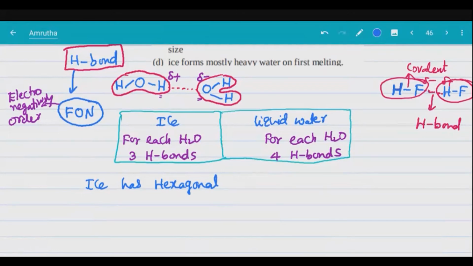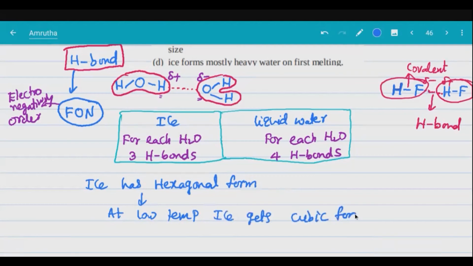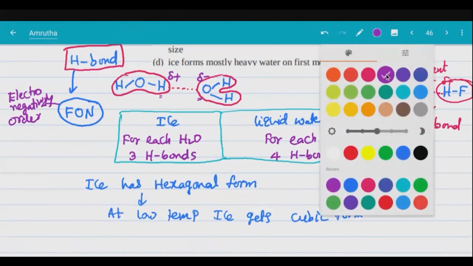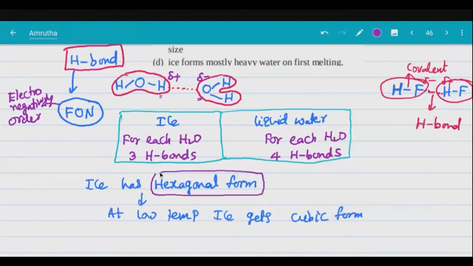So ice has hexagonal form. At low temperatures, ice gets cubic form. These are different forms of a solid, with different arrangements.